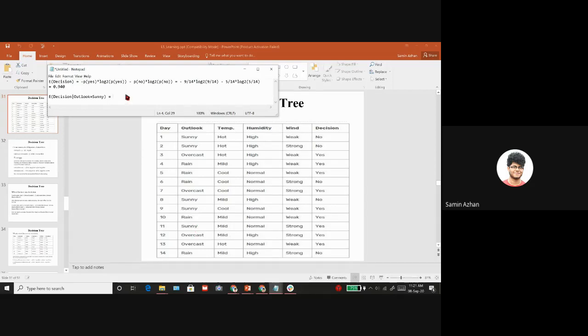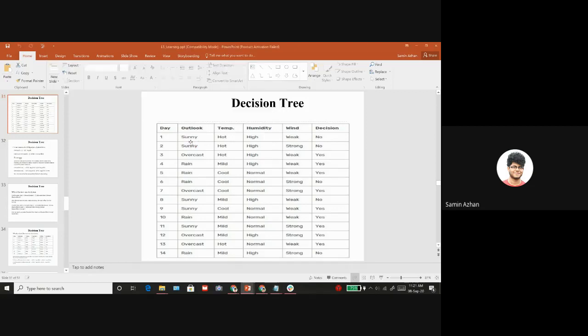So, the equation would be the same, the equation for entropy. I'll just copy that and paste it here. So, the probability of yes. There are a total of 5 sunnies: one, two, three, four, five. And among them, how many are yes?